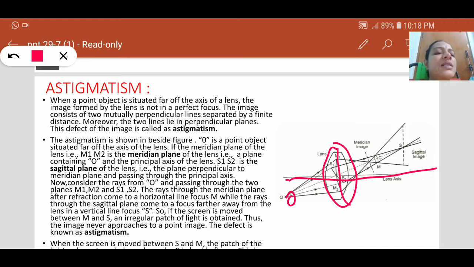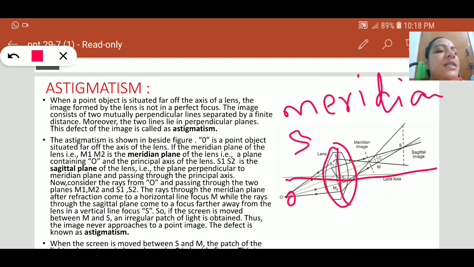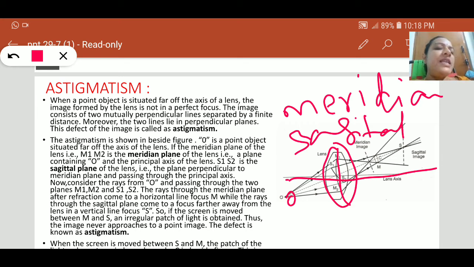So this M1, M2 is the meridian plane, a plane containing O and the principal axis of this lens. Similarly, there is another plane; we call them the meridian plane and the sagittal plane. Here are two types of planes. By use of these two planes, we can easily explain this astigmatism.